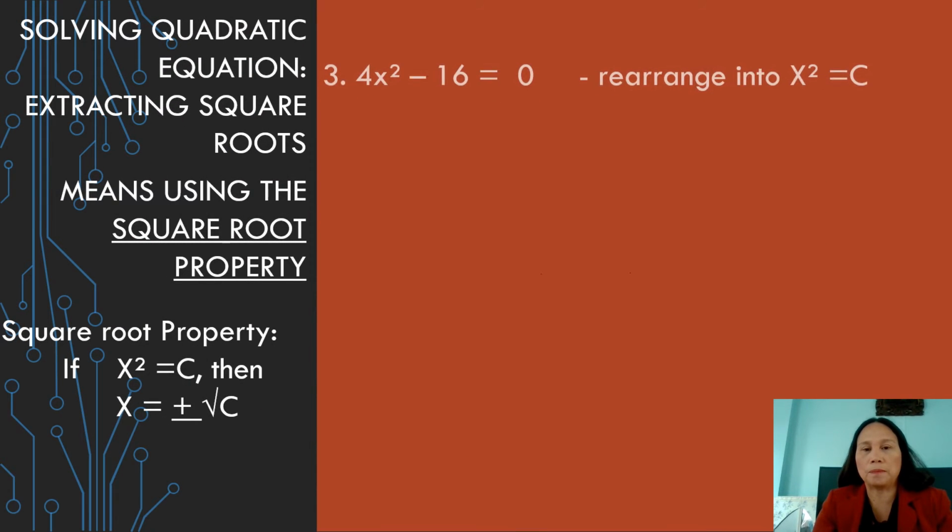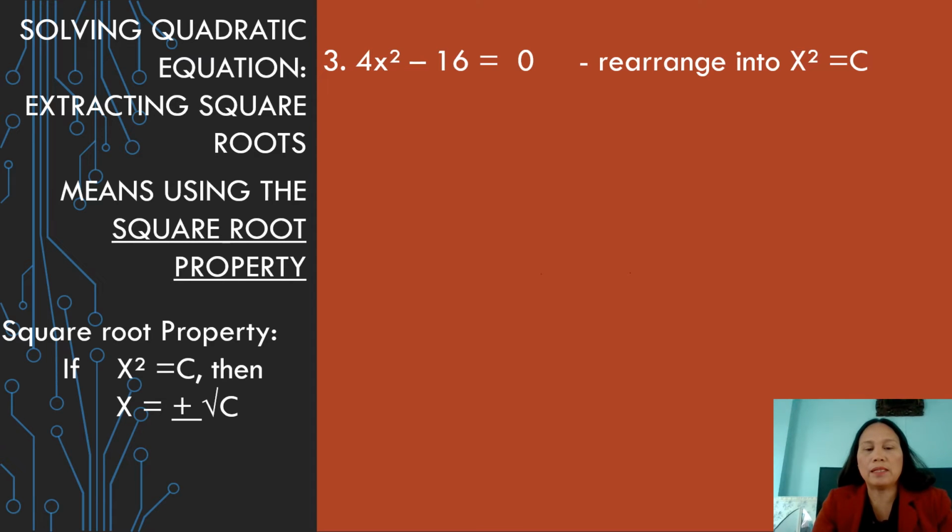Okay, next one. Look at the given here. 4x squared minus 16 is equal to 0. So we need to rearrange into the form x squared is equal to c. So we need to remove this 16 on this side and the 4. So how are we going to do that?